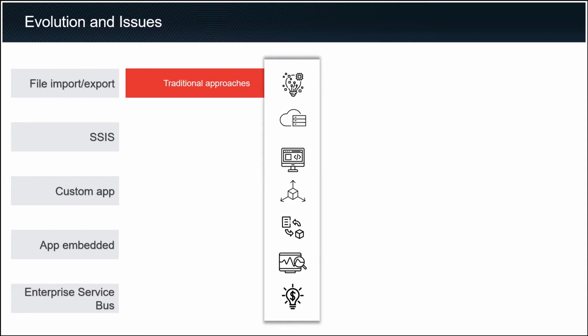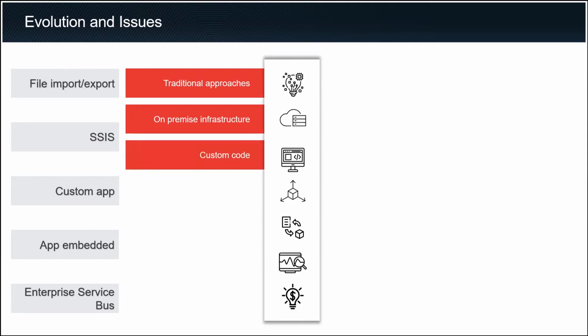But the challenge that one came across with this is that these types of solutions often required dedicated on-premise infrastructure, and often custom developed code, especially in the case of custom integration applications or tools like SSIS or other such integration tools, which then needed to be maintained, and as versions changed of either the source or target systems, that had to be updated. So always a big challenge to keep that working and keep it reliably operating.